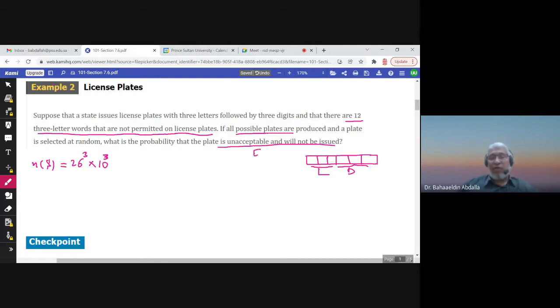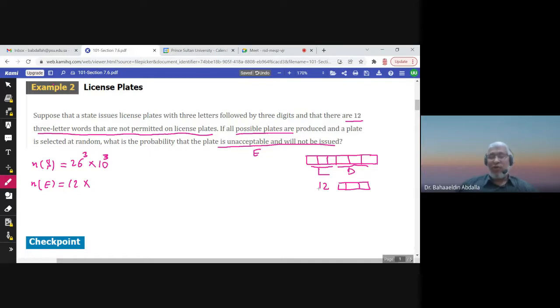If we call this E, now let us ask ourselves, how many elements in E? How many of the plates are unacceptable? Well, whenever we have the 12 words, the plate will not be acceptable. So there are 12 words, but the digits could be anything. So 12 words with any digits.